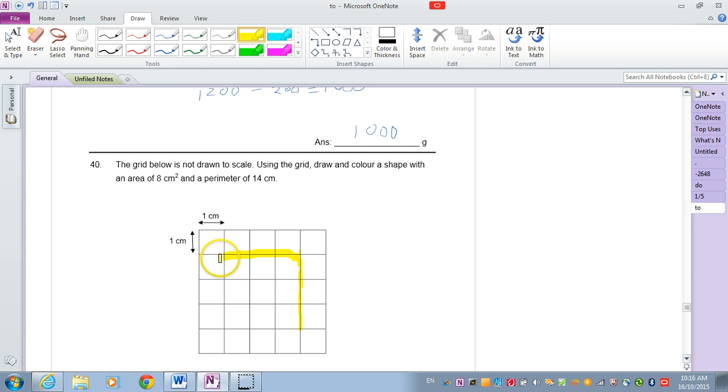Please do not use a highlighter to draw your figure, because I'm showing you using the computer, so I won't be able to draw very straight lines from here.